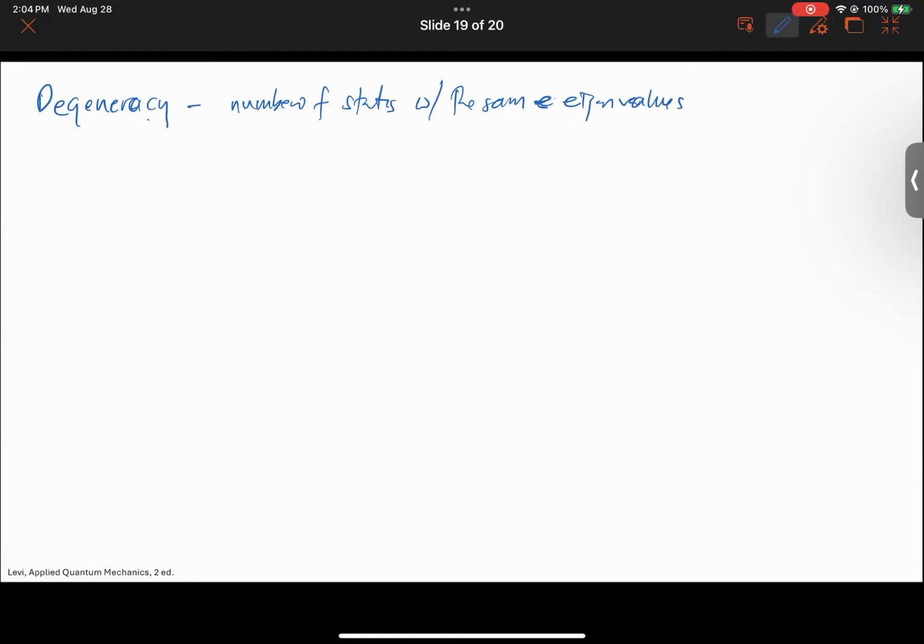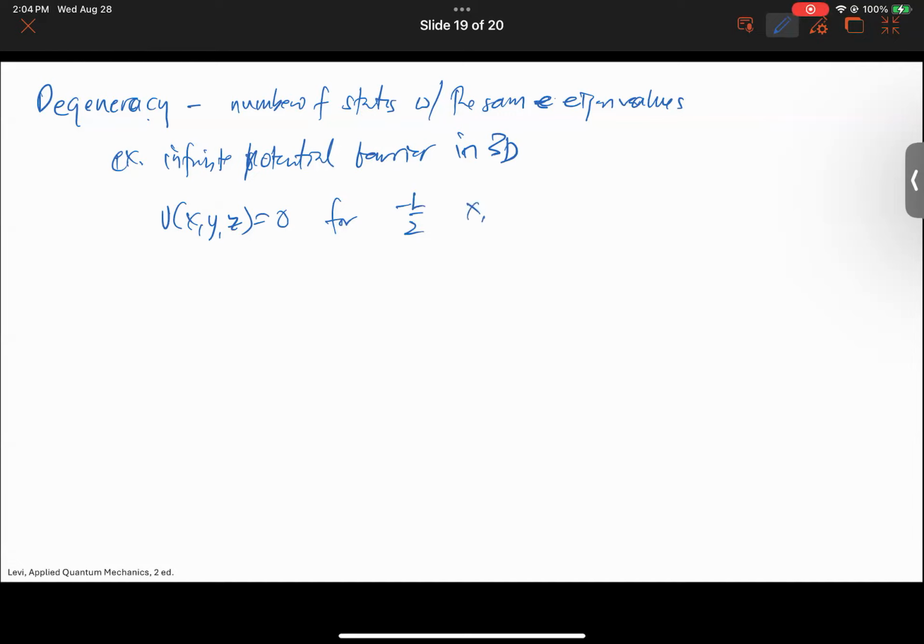So as an example, we consider an infinite potential barrier in 3 dimensions. The potential is 0 for x, y, and z between negative L over 2 and L over 2.